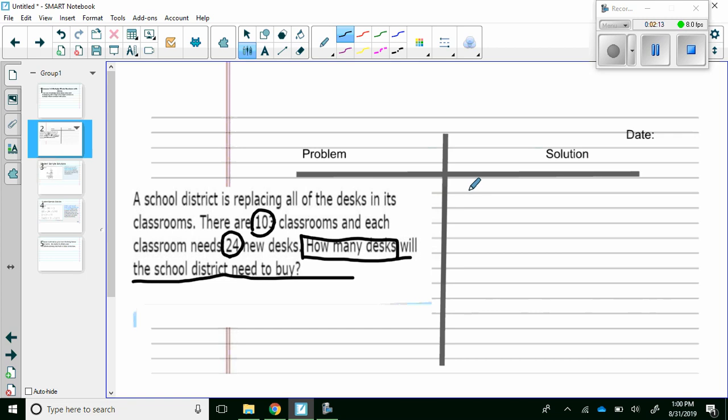I know that the district has 103 classrooms. I know that each classroom needs 24 desks. Oops, I'm going to erase that real quick.